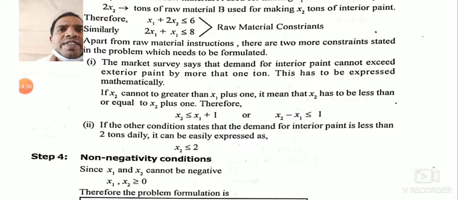And the other condition is that demand for the interior paint is at most 2 tons daily, which can be easily expressed as x2 less than or equals to 2.